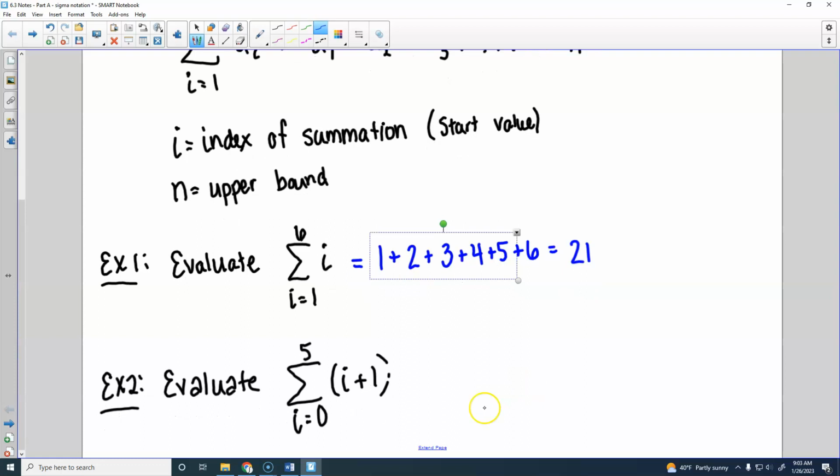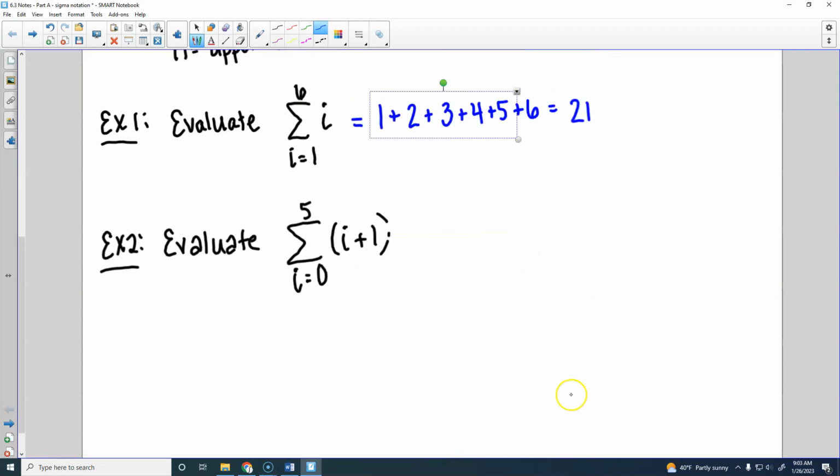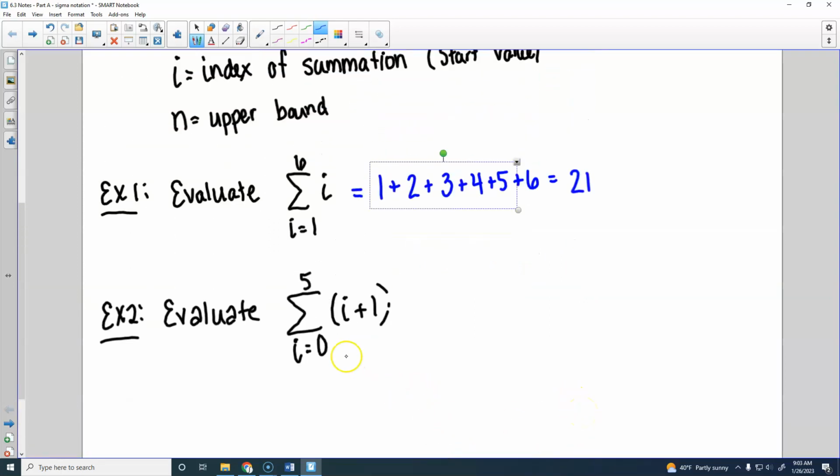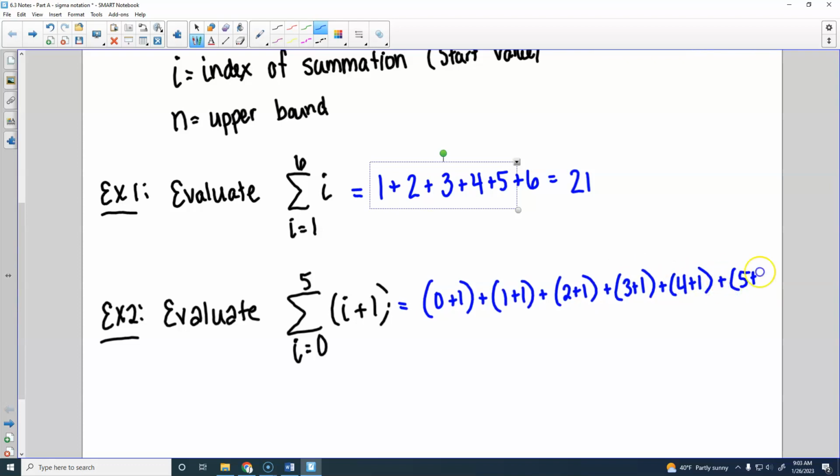Let's look at number 2. Number 2 tells us to start at 0 and end at 5, and our formula is i plus 1, not just i this time. So that would look like this: 0 plus 1, 1 plus 1, 2 plus 1, 3 plus 1, 4 plus 1, and 5 plus 1.